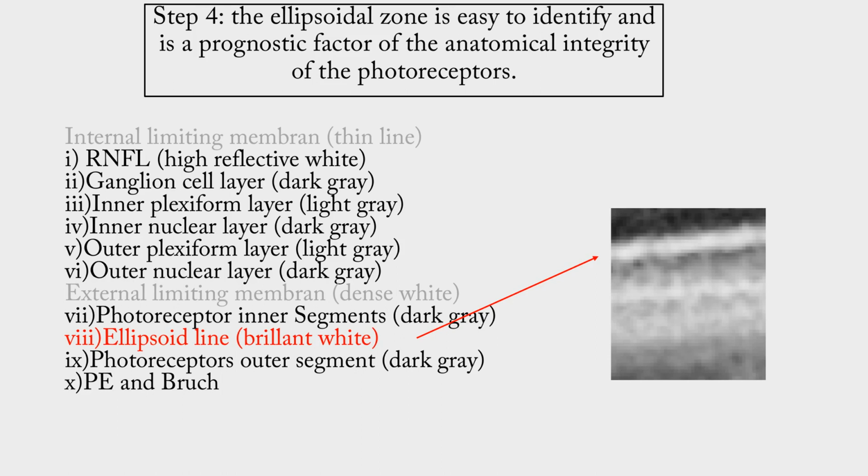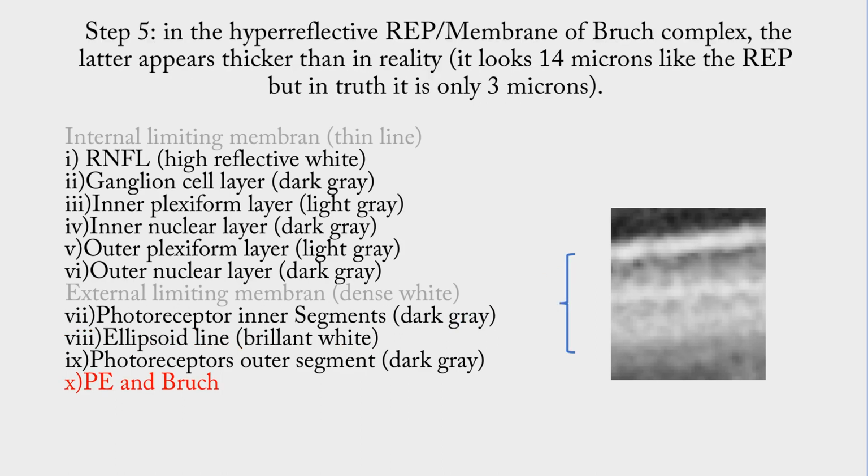Step 4, please note that the ellipsoidal line is bright white due to the high reflectivity of the mitochondria. Bruch's membrane is only 3 microns, but in the OCT it's like 15 microns.